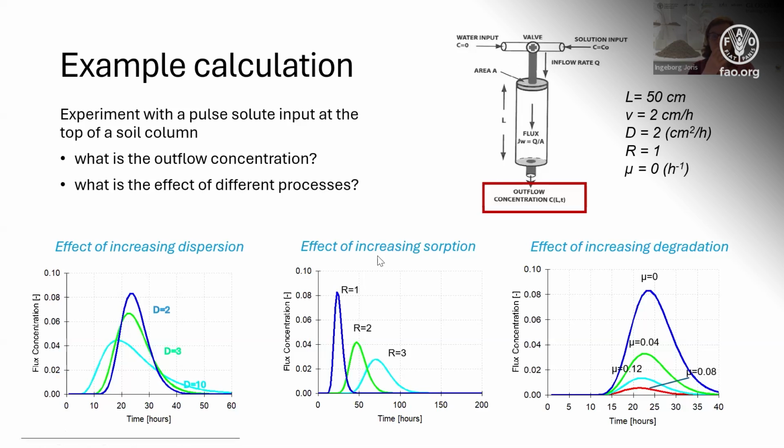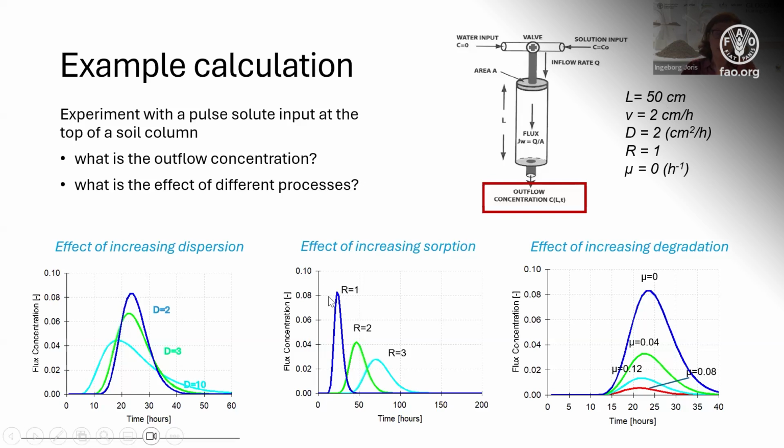What would happen if we increase the sorption? This is depicted here by the retardation factor R, which is related to the KD. The standard scenario is actually the same dark blue curve, which has basically no sorption.